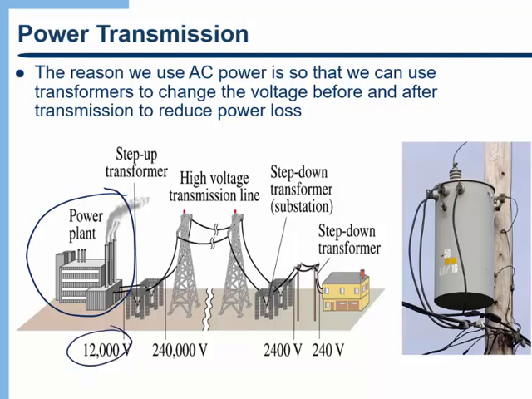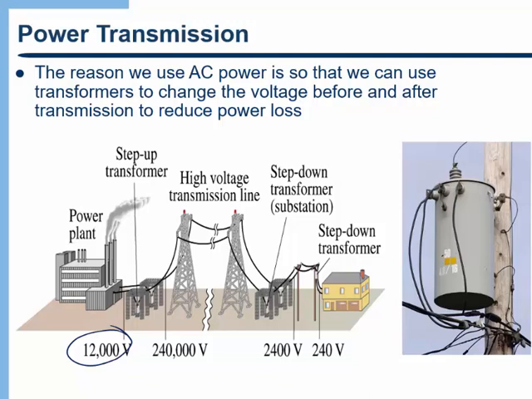But before transmitting over long power lines, we use what are called step-up transformers to increase the voltage even more. Again, increase the voltage, decrease the current. You know that the more current you put through a wire, the easier the wire heats up. So just conceptually, it makes sense that we want to keep the current as small as possible while being able to transfer the power that we need.